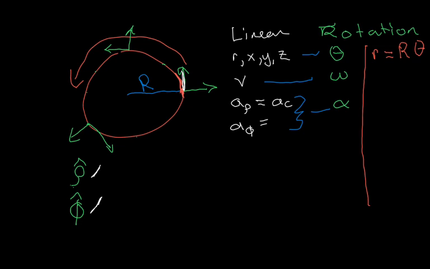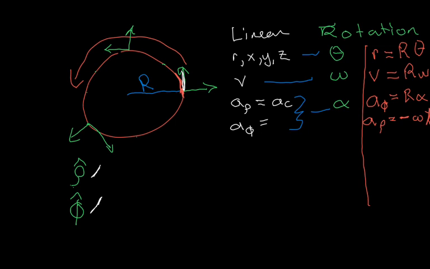That's the distance you traveled. So hopefully you can keep that in mind. V, likewise, is related to r omega. And then the tangential acceleration is equal to r alpha. However, your centripetal acceleration points inward, so it gets a negative sign. Omega squared r.